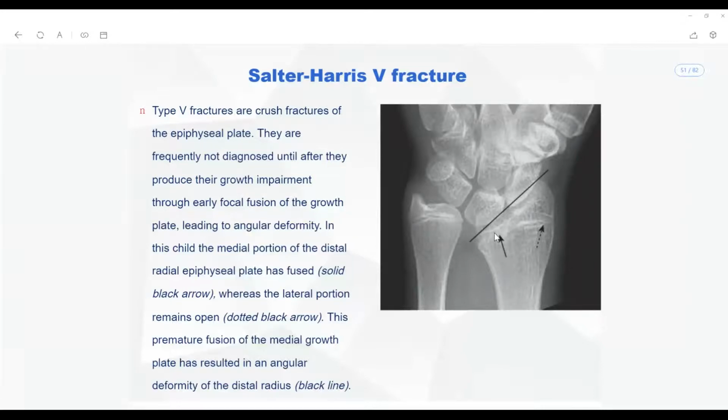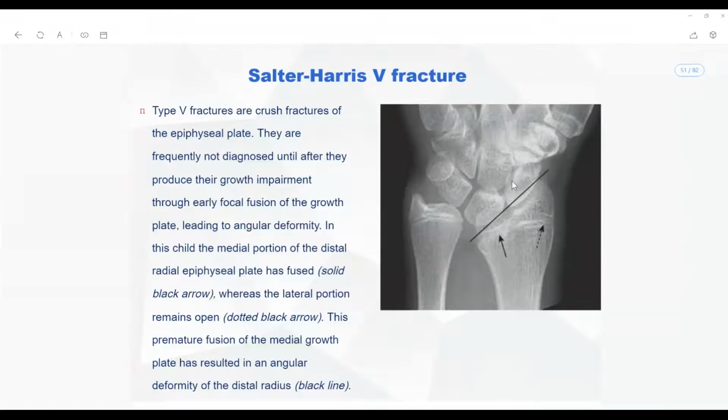So where these ends try to fuse with the carpal bones is going to change, which forms an angulation of the radius. So there will be an angulation along the wrist joint.